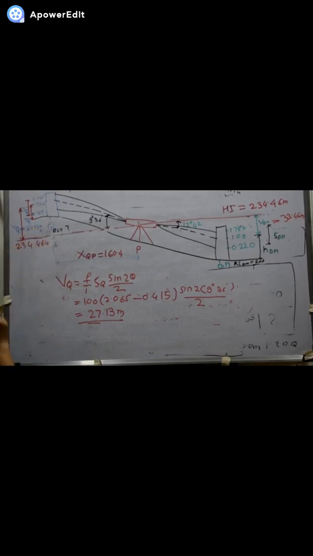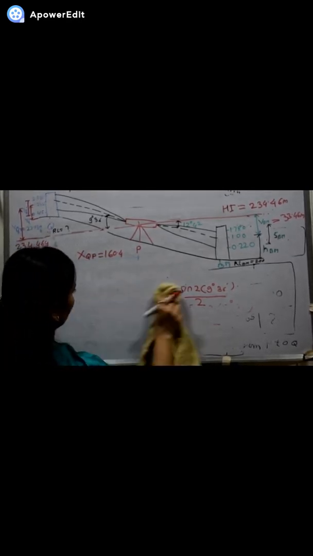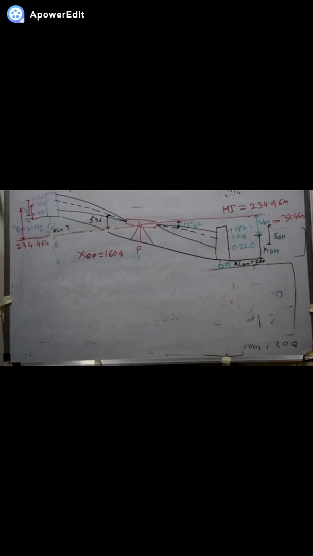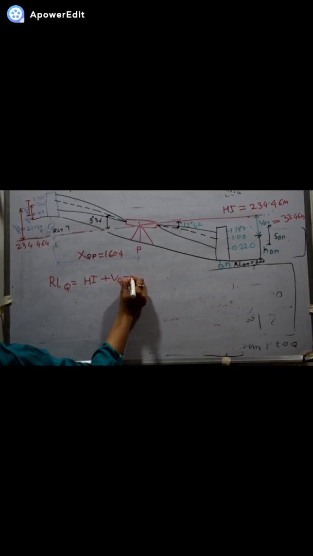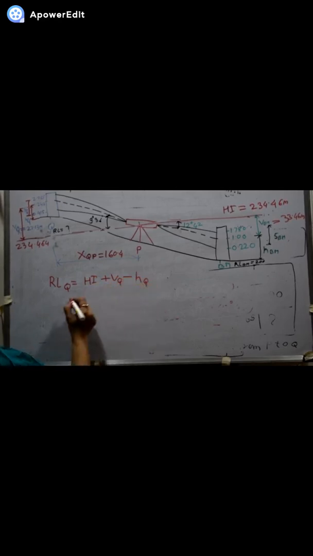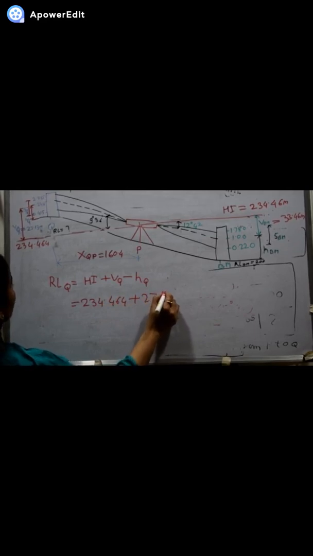Now we know the value of VQ is equal to 27.13 meter. Once the value of VQ is known, we will calculate the RL at Q by the formula: RL of Q is equal to height of instrument plus VQ minus HQ. It will be 234.464 plus 27.13.